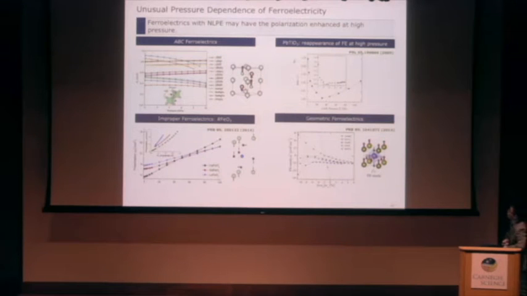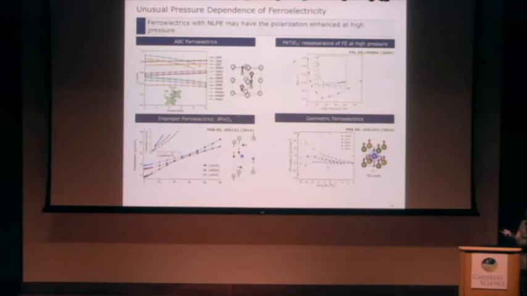Maybe Ron has some new update, but it's clear that when we apply the hydrostatic pressure, the polarization will become smaller. In this paper, they show that for some improper ferroelectrics, rare earth ferrites, the polarization will also increase with increasing hydrostatic pressure. But in this case, it is because of a zone boundary mode.